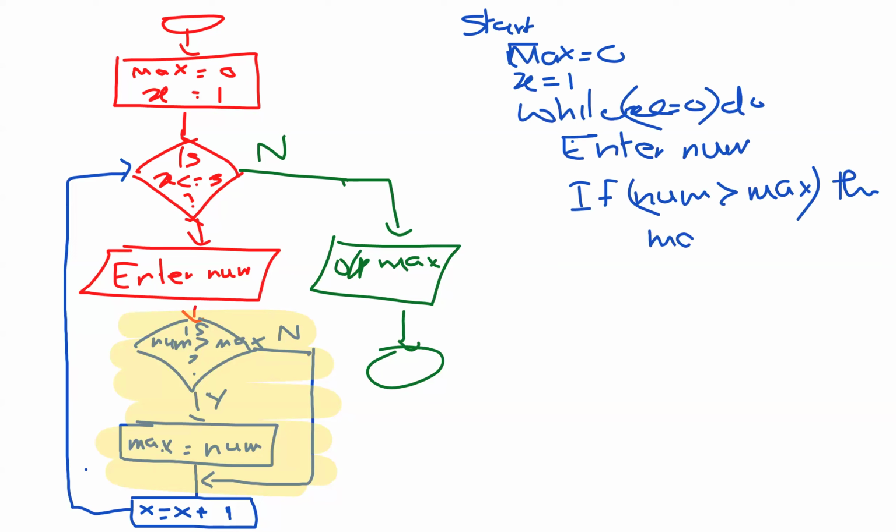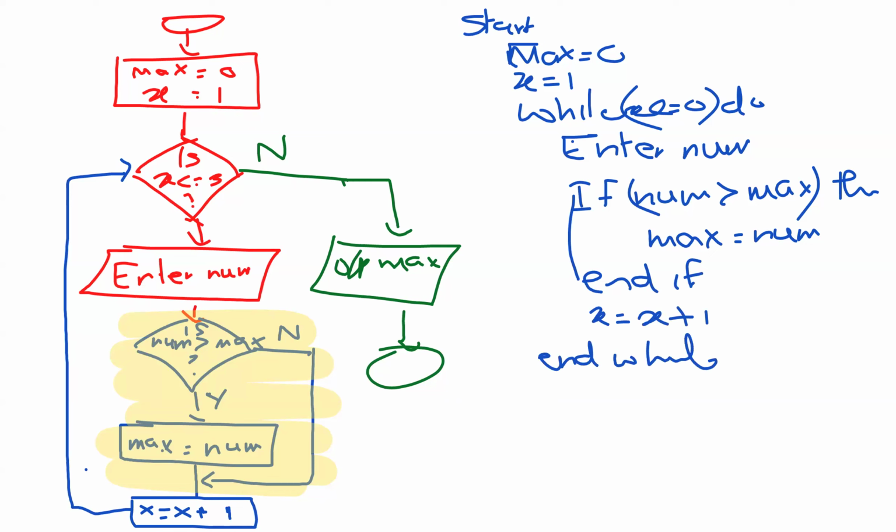Then max equal num, no else part. And then x equal x plus 1, end while. Then print max and stop. This is the pseudocode.